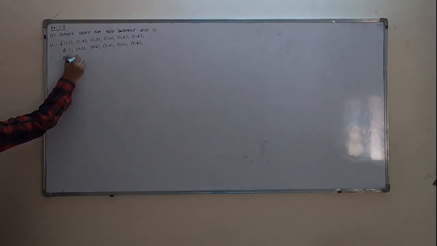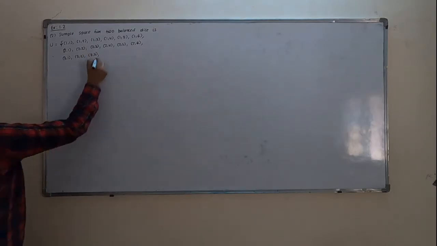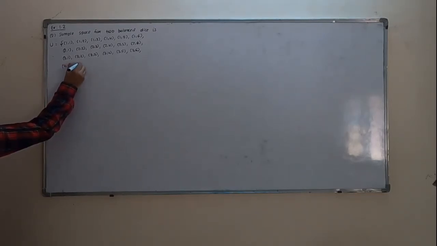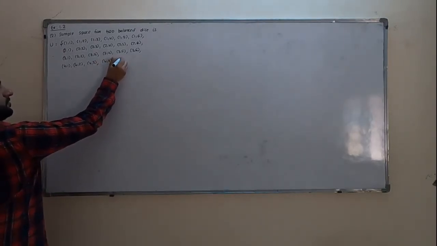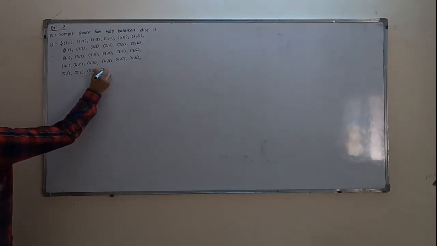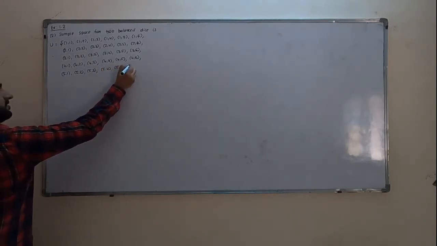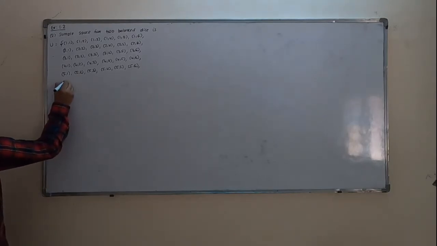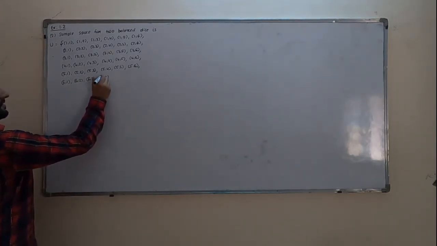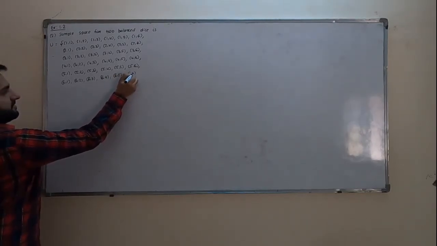then 3 1, 3 2, 3 3, 3 4, 3 5, 3 6, then 4 1, 4 2, 4 3, 4 4, 4 5, 4 6, then 5 1, 5 2, 5 3, 5 4, 5 5, 5 6, then 6 1, 6 2, 6 3, 6 4, 6 5, 6 6.